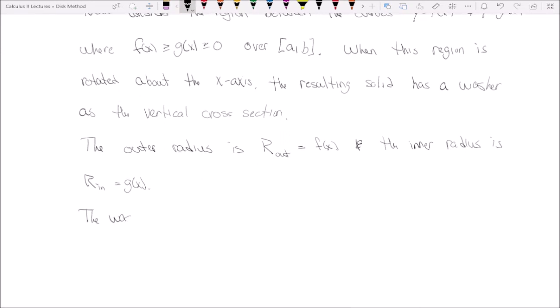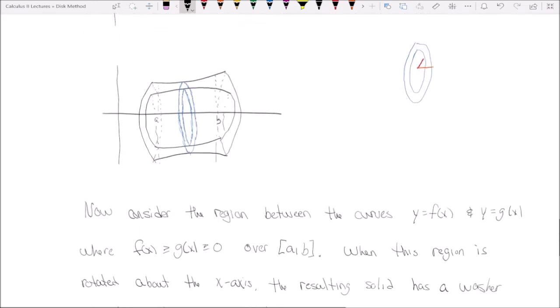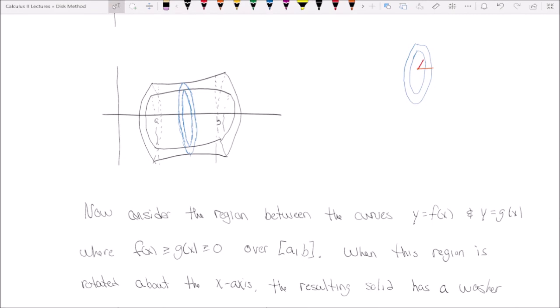The washer has area. If we go up and look, wouldn't it be the orange minus the red?